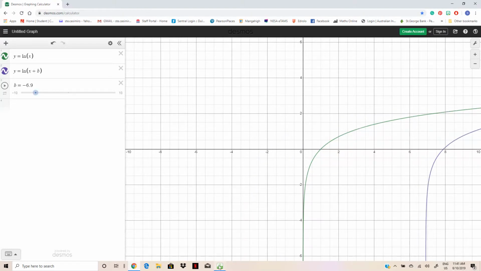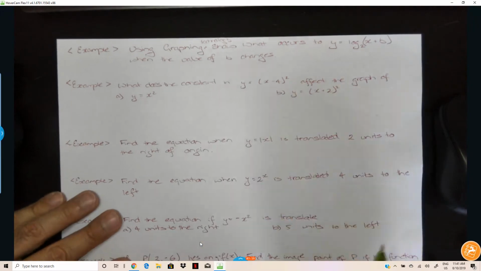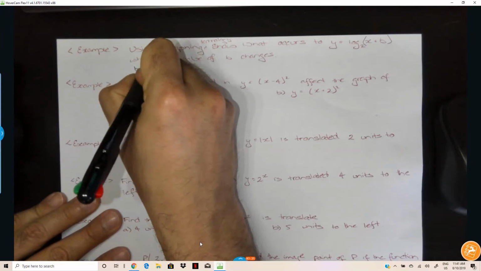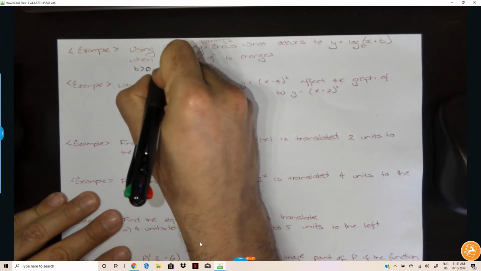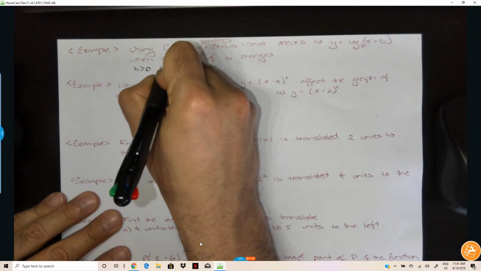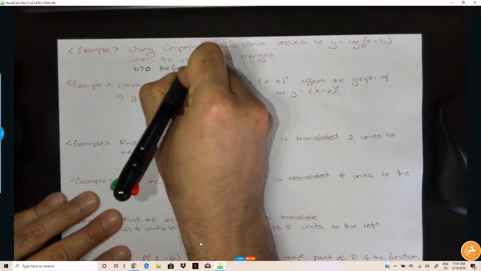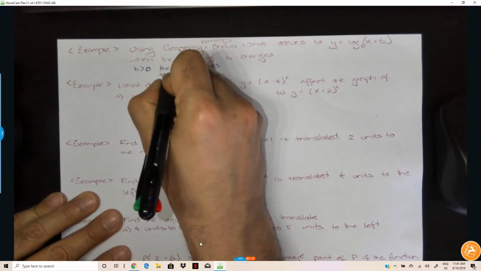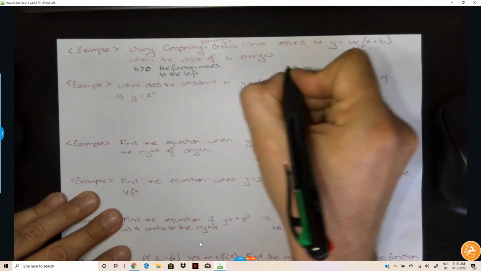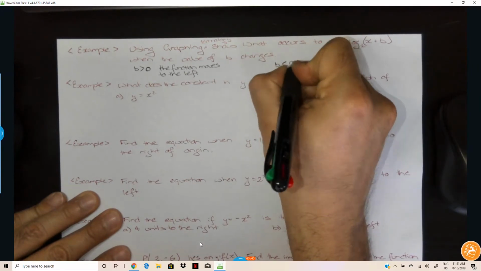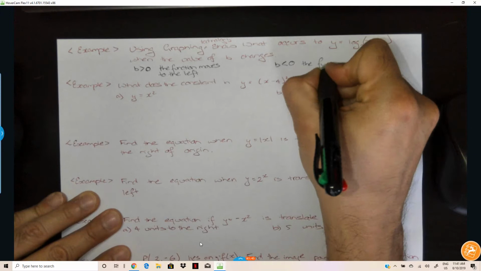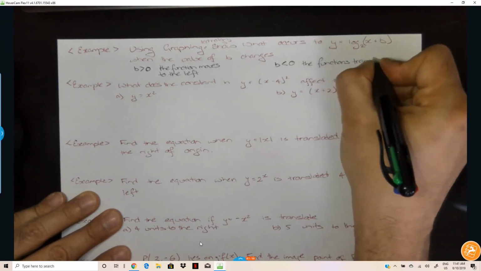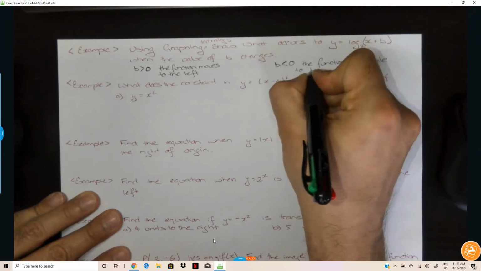Okay. So if b is greater than 0, when it's positive, the function translates to the left, and if b was less than 0, the function translates to the right.